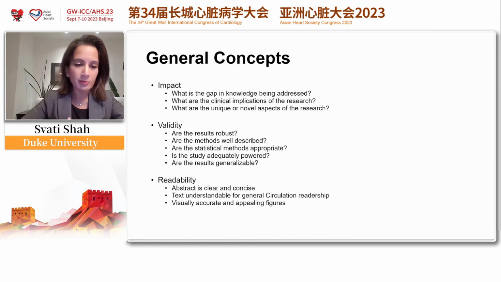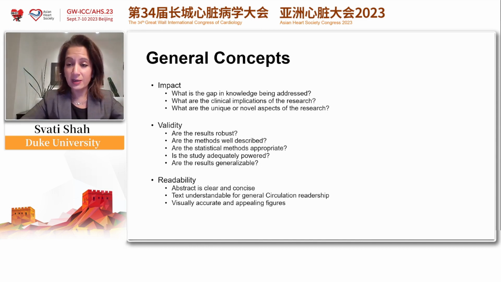Now, we publish and care about all different kinds of research, from basic mechanistic investigations all the way to clinical research. But we are a cardiovascular journal, and we want to understand how these data are going to eventually help us better take care of patients. And then, what are the unique or novel aspects of the research? What makes this study unique?